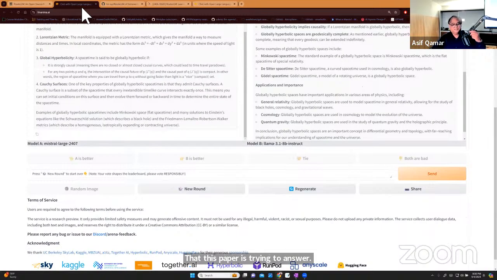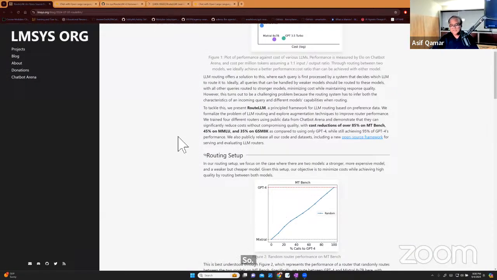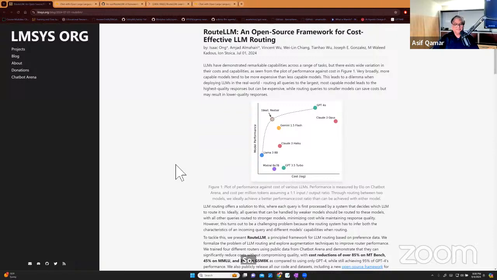So I'll first go over a simple version of this paper. They wrote a blog, which is this, and I'll go over this blog. See, look at the x-axis, which is cost. And the cost is in a log axis, which means if you move, let's say, from 0 to half, and then from half to full, your cost is rising exponentially.